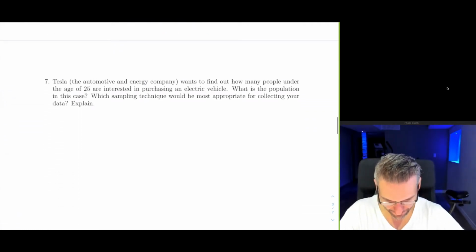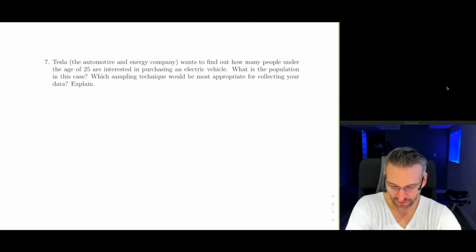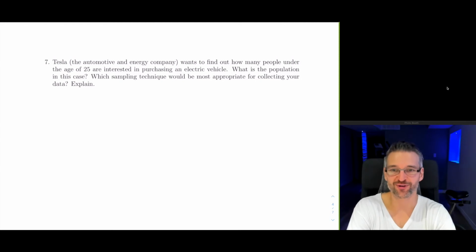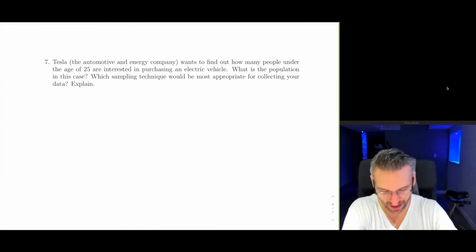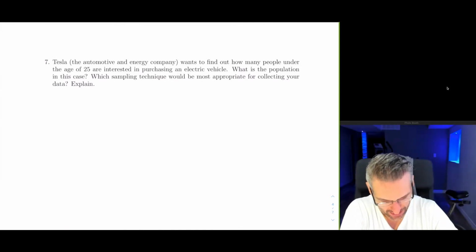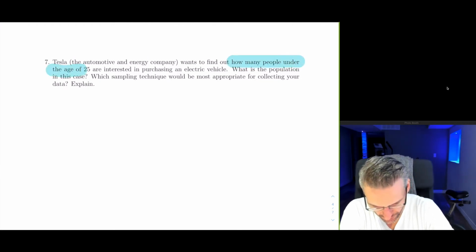Question 7 states: Tesla, the automotive energy company, which probably a lot of you now know, wants to find out how many people under the age of 25 are interested in purchasing an electric vehicle. What is the population in this case? Which sampling technique would be most appropriate for collecting your data? Explain. They didn't give us a lot of information, but they're interested in how many people under the age of 25 are interested in purchasing an electric car.